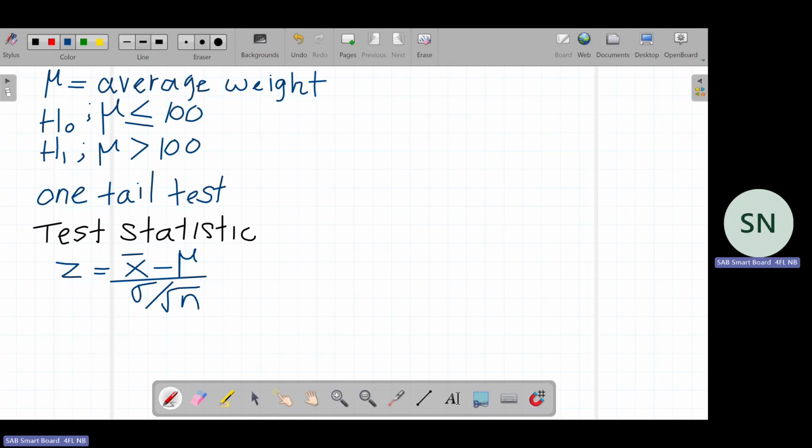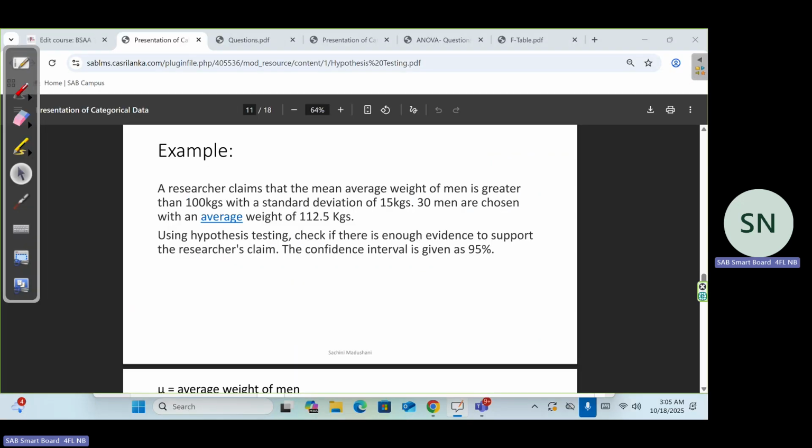Then in this scenario, how many men are chosen? They selected 30 men. After that, they measure the weight of each person, then calculate the mean value.